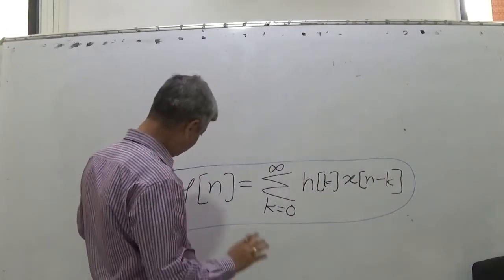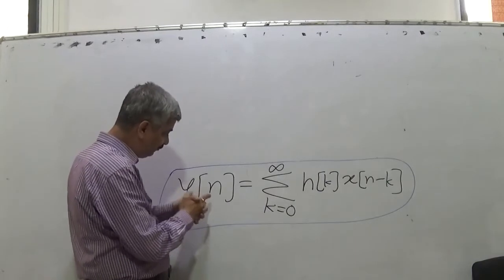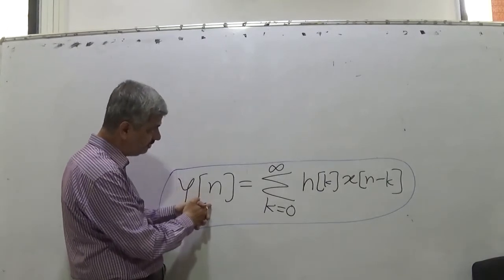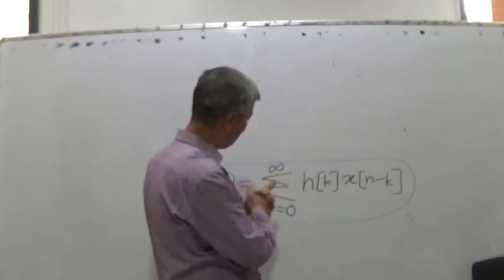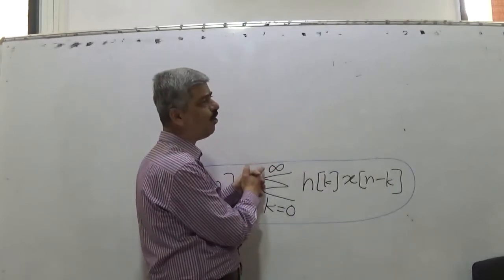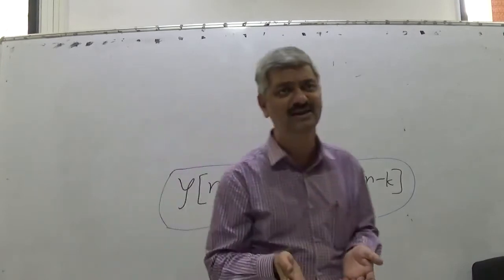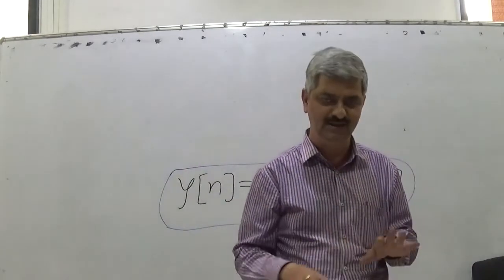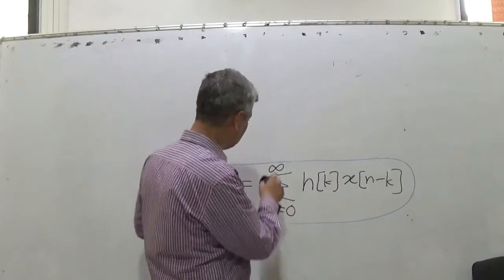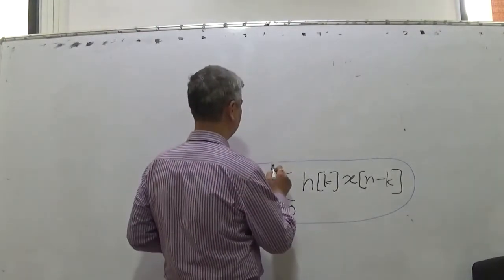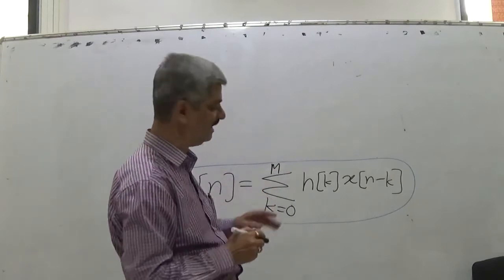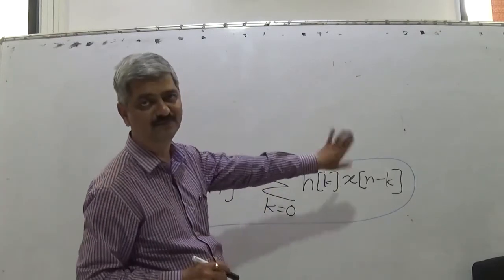So output depends on a weighted sum of current and previous inputs. Now, is it necessary that all previous inputs contribute? Maybe, maybe not. So I can say up to m, where m can be finite or m can be infinite.